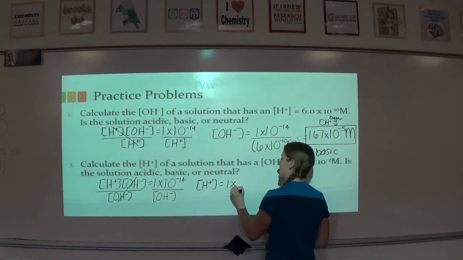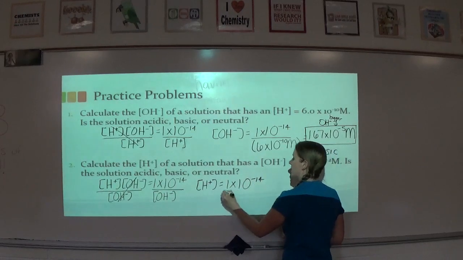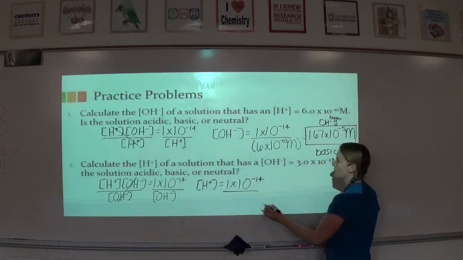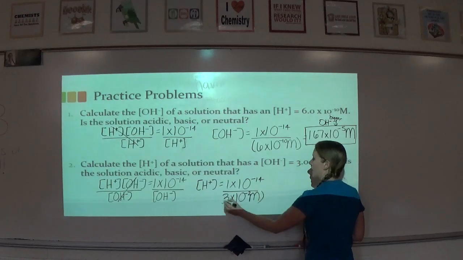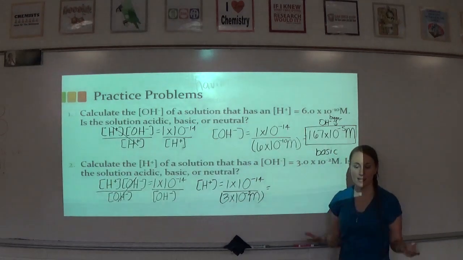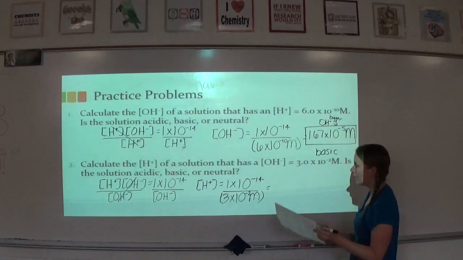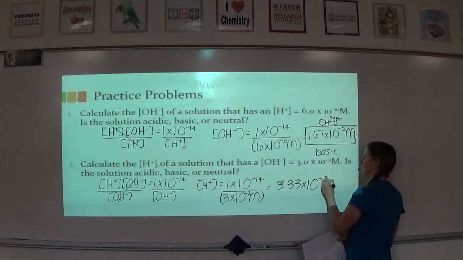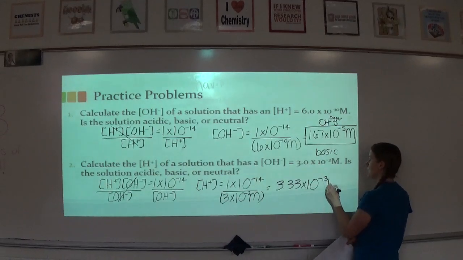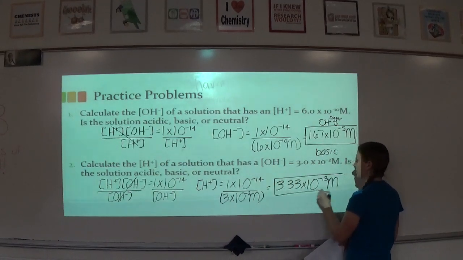So it's 1 times 10 to the negative 14 divided by my OH minus, which is 3 times 10 to the negative 2 molar. I'm going to put that bottom number in parentheses, and when I solve, I got 3.33 times 10 to the negative 13, and my unit for H plus, of course, is molarity.